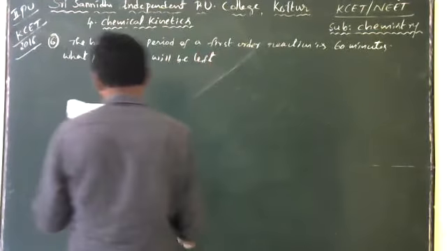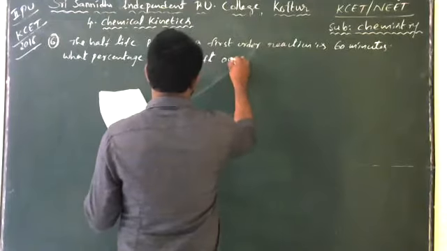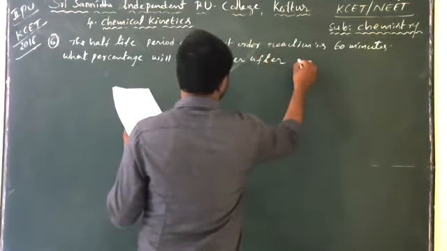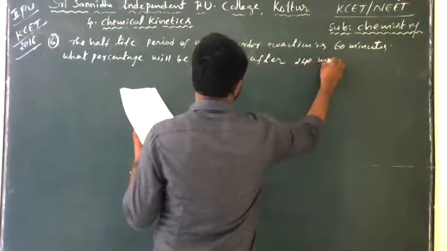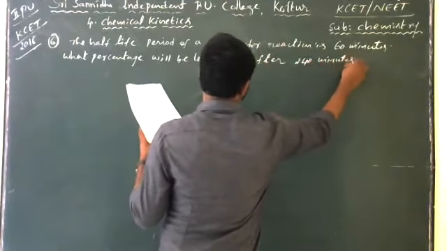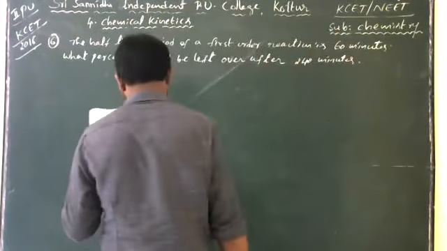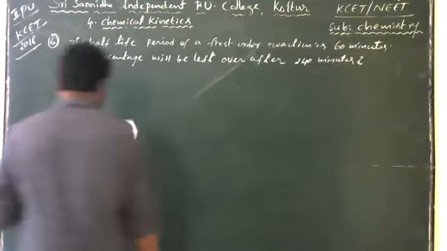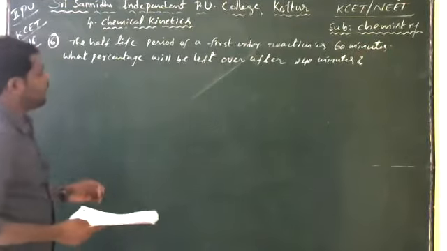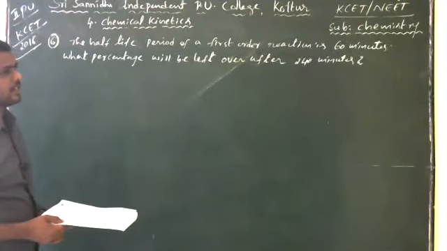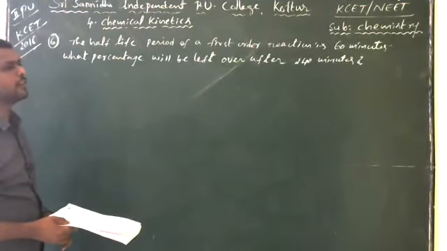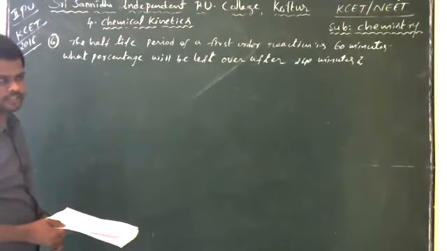The half-life period of a first order reaction is 60 minutes. What percentage will be left over after 240 minutes?